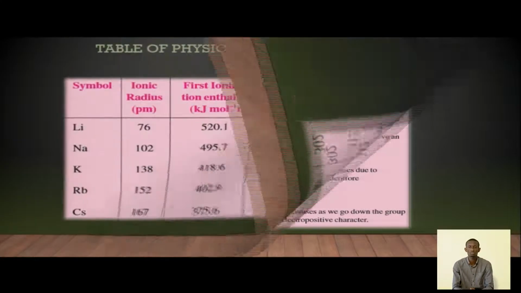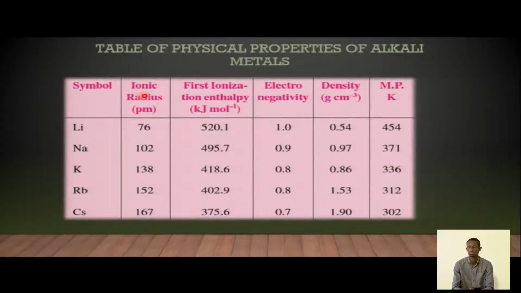So, the ionic radius, how does it change? On the previous slide, we said that the atomic size increases because we have an extra shell which is added. What about the ionic size? We have the values in picometers here, and for lithium we have 76.